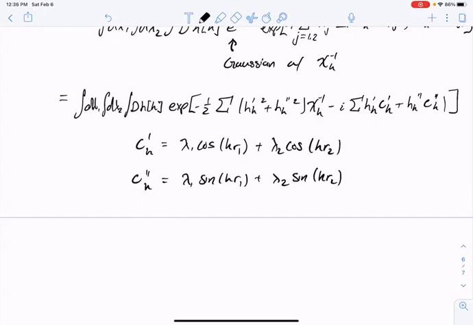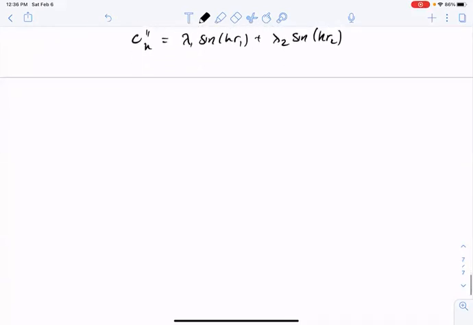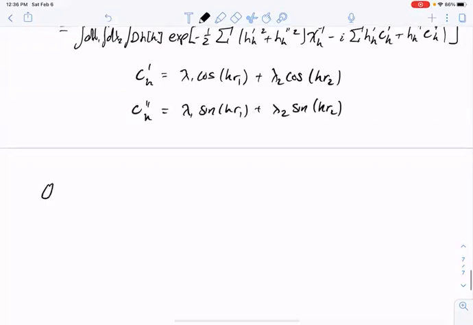Okay, so this is a Gaussian integral. We have Gaussians in the pure real and pure imaginary fields, but they're straightforward to do. Q of C is going to be some Q naught.